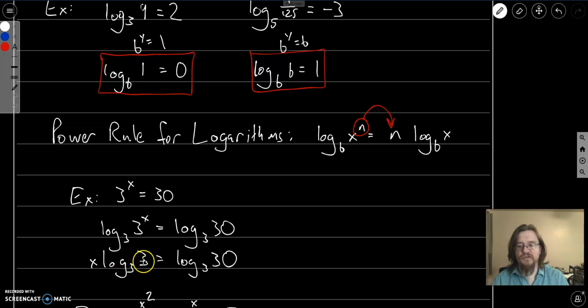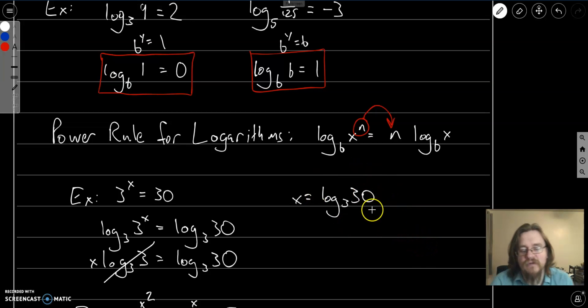And log base 3 of 3, this is just 1. Log base b of b is always 1. So this gets canceled out, and we know that our answer is equal to log base 3 of 30. This is perhaps unhelpful, and we would just want to plug this into a calculator to see exactly what this is.